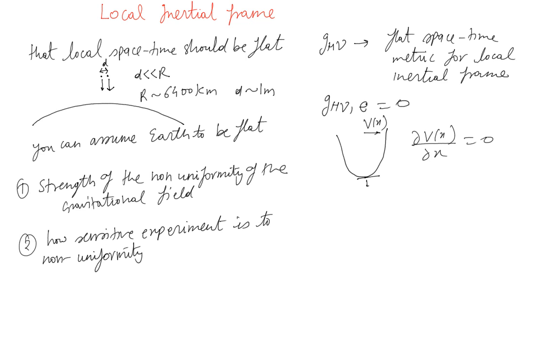Here we know that this holds true, and for a similar reason this also holds true for the metric. Also, we know Christoffel symbols depend on the derivatives of g mu nu.